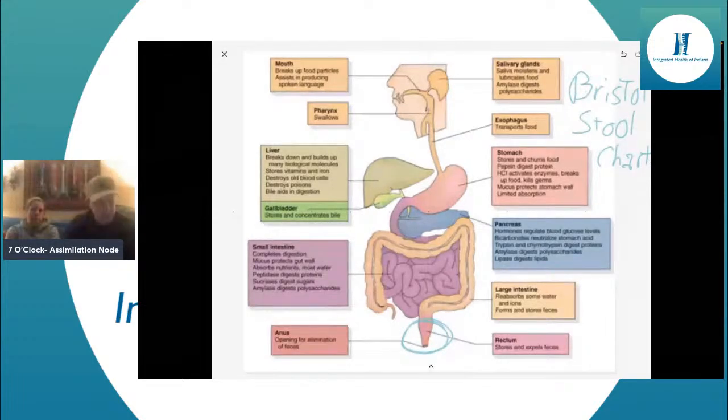Those are the things that it looks at. Even in this picture, it talks about the small intestines and the large intestines. And look at that. It's the mucus that protects the gut, peptides, sucrases, amylases, all of these things that we need to digest everything it takes to run this thing we call a body.